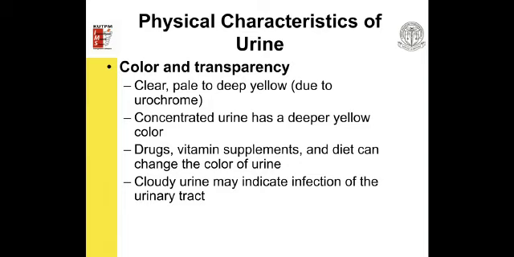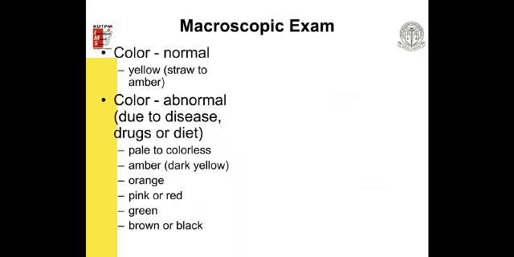The physical characteristics are: it's clear, pale to deep yellow due to urochrome. Concentrated urine has a deep yellow color. Drugs, vitamins, and diet can change the color of the urine. Cloudy urine may indicate an infection of the urinary tract. Macroscopically, it's yellow to amber.